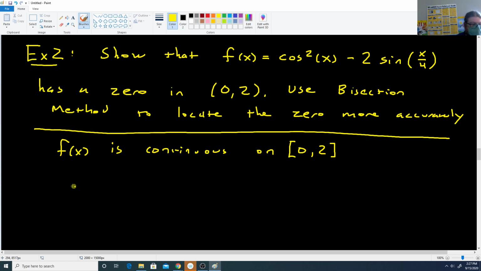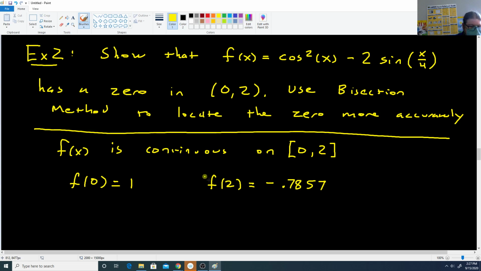So, what is f of 0? f of 0 is 1. And what's f of 2? f of 2 is negative 0.7857.